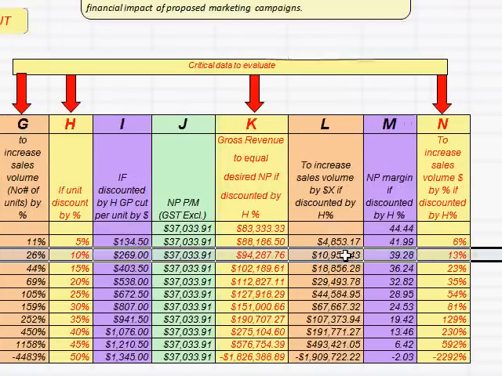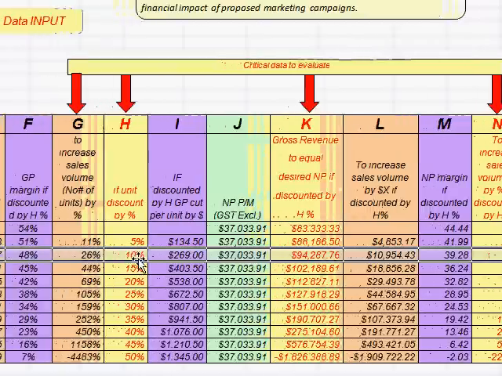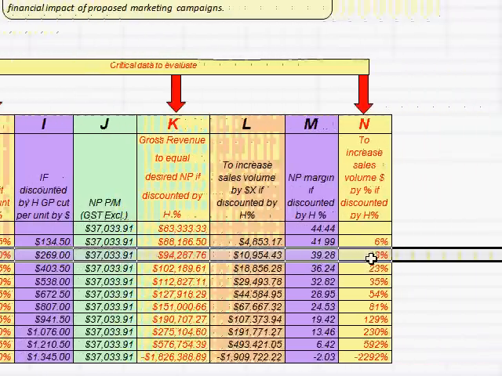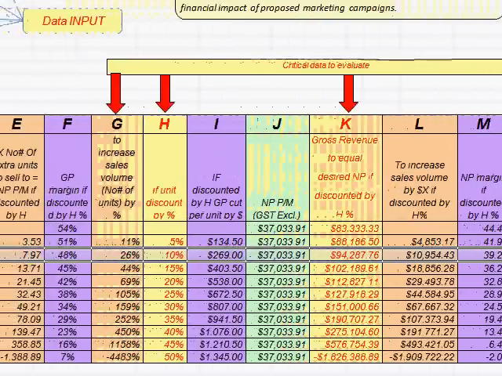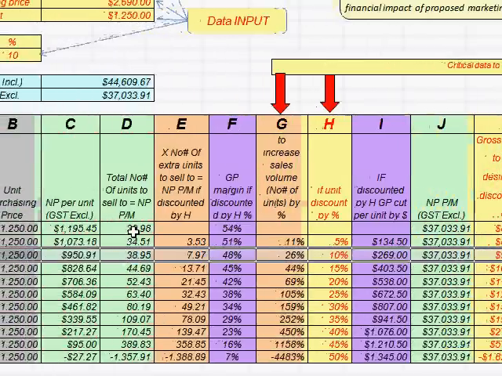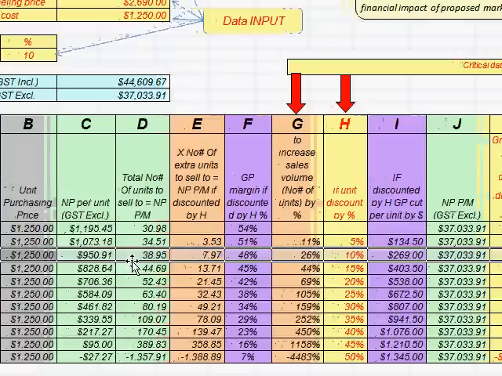Basically we need to sell more in order to offset that price reduction, or as a percentage it is 13% more. As you can see in this section, instead of selling 31 products per month, we need to sell almost 39. As a percentage, it is a 26% increase. So we need to sell almost 8 products more.